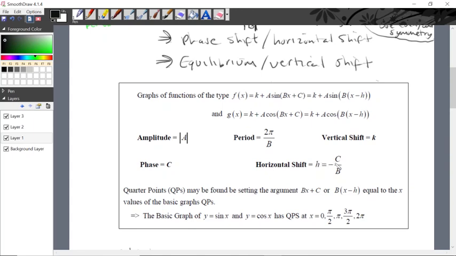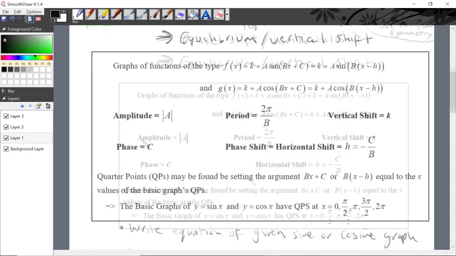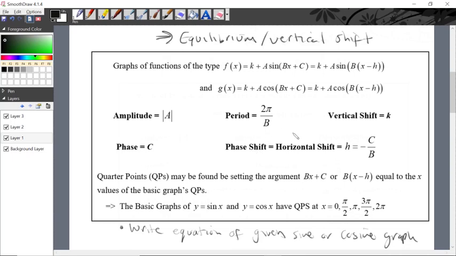But I'm going to show you another way in which you can find the horizontal shift, which is also called the phase shift. In fact, let me change that. The phase shift is the horizontal shift, denoted by the variable h in my design of the equation right here, and h can be formulaically calculated by taking negative c over b.